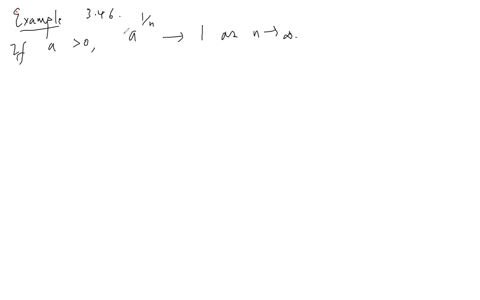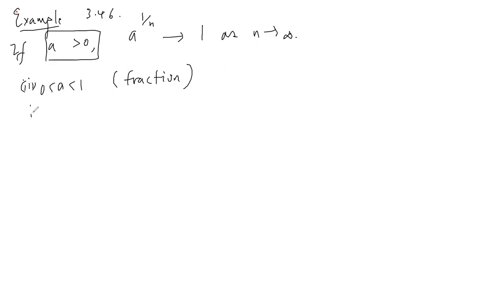So how do we prove this? Okay, so the simplest way is to break the proof into 3 parts, because for your a, there are 3 cases. One is when your a is between 0 and 1, a fraction. So this is case number 3 in the notes.